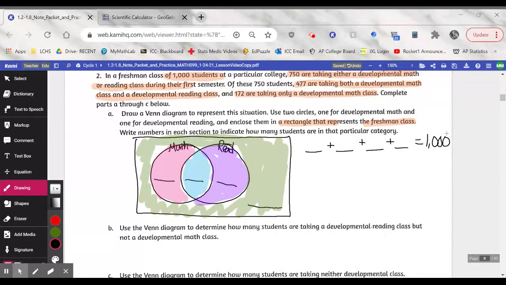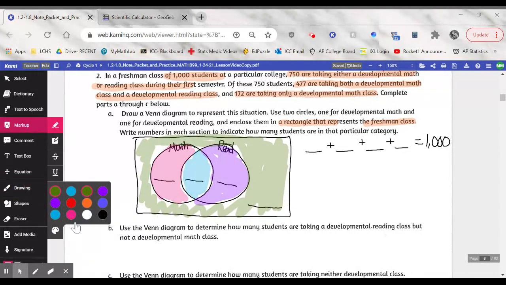So all 4 of them should end up equaling 1,000. So 1,000 isn't going to go into any one particular category. It's going to go into all 4 added together. So this one right here is going to be all of them added together.